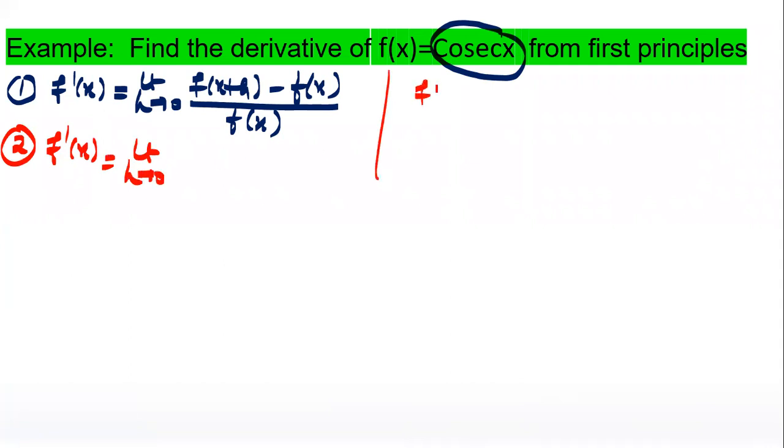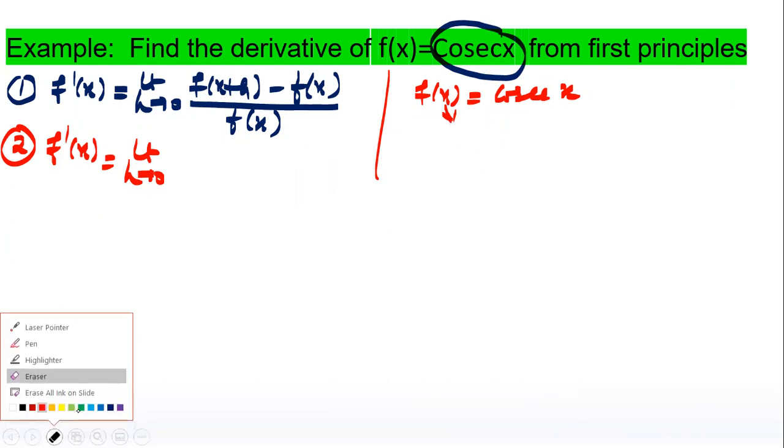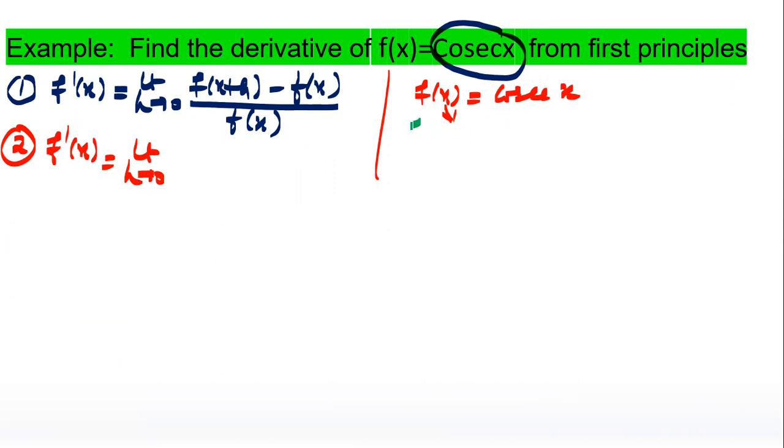Because f(x) is cosecant x, we simply pronounce it as cosec x. So f(x+h), replace x by x+h, it will become f(x+h) equals cosec(x+h).